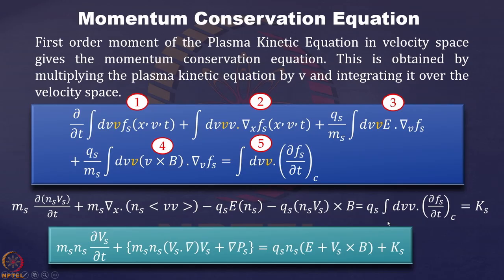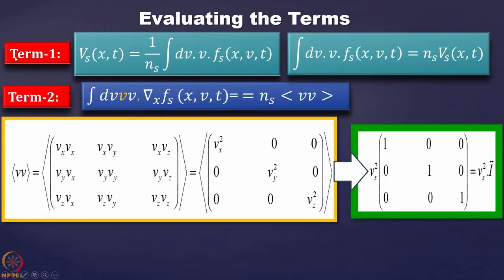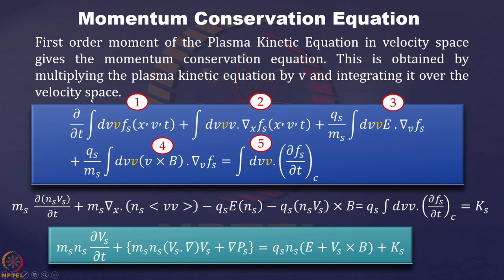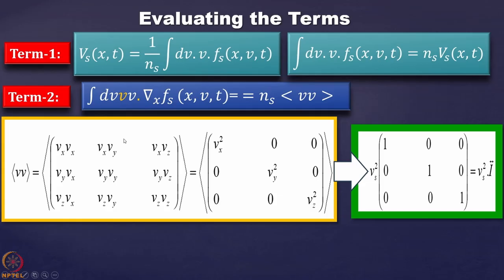So let us start with term 1. Which is term 1? This one: del/dt of the integral dv v fs(x,v,t). By definition, this is the expression for the center of mass fluid velocity Vs(x,t), at location x at time t. This is the fluid velocity, equal to 1 by ns times the integral dv v fs(x,v,t).